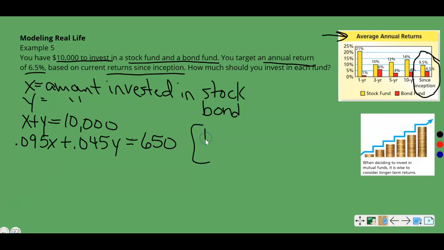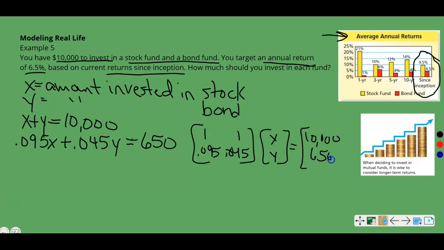Now we have 2 equations, so we can quickly set this up into a matrix equation. We're going to have 0.095, 0.045, and we have X and Y, and we're going to have 10,000 and 650.